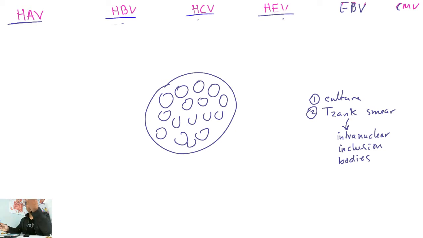Inclusion means small bodies, vesicles. These vesicles, these bubbles, are full of viruses. So these are virus particles. If it's cytoplasmic, it's not Epstein-Barr virus or cytomegalovirus. If it's a cytoplasmic inclusion body, it's not them. It's RNA viruses, not DNA. Alright.